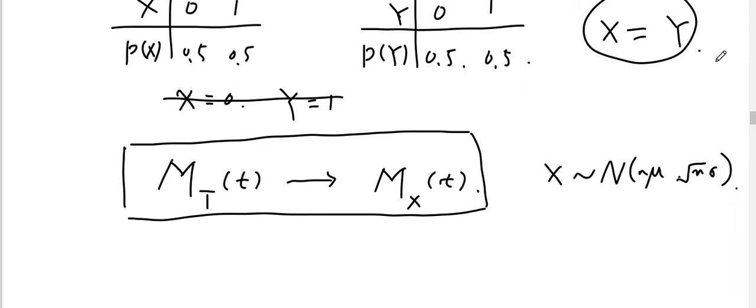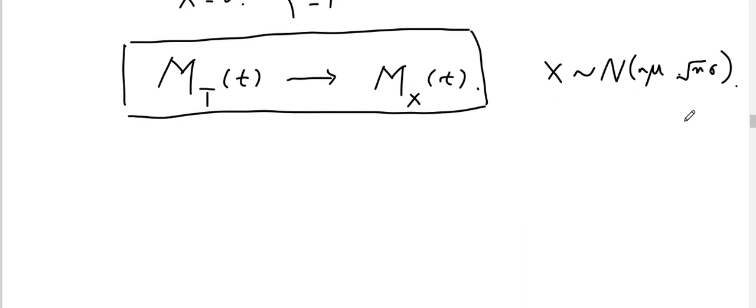Okay, so in order to prove this, we need to simplify at first, just a little bit. For normal distributions, we have too many normal distributions, so we just consider the simplest case, the standard normal. We want to change the general normal to the standard normal, right?